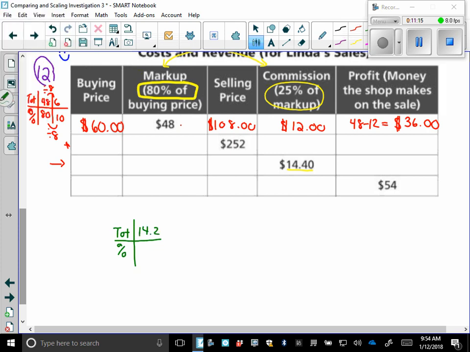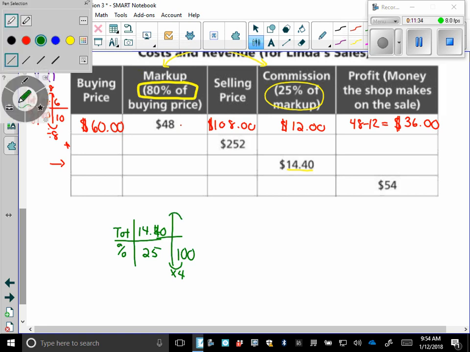You know that this represents, sorry, that's 25%. Did you divide it by 4? I meant to say I multiplied it. You multiply by 4, right? So if you multiply 14.40 by 4, that's a 4.